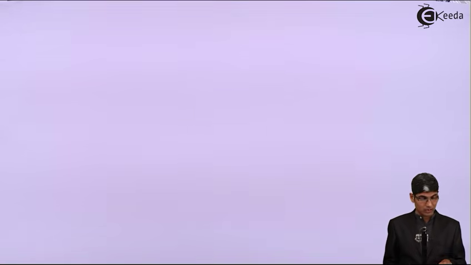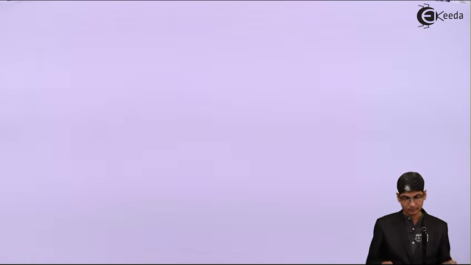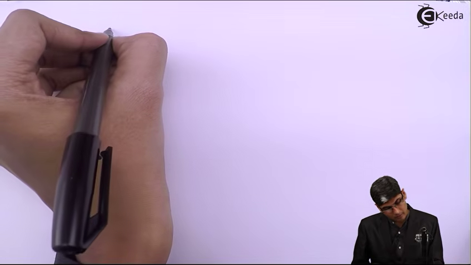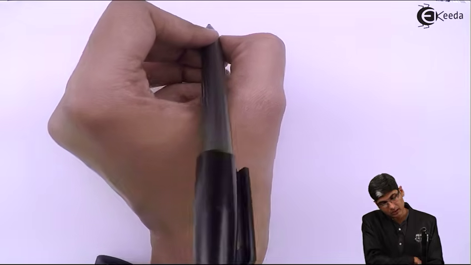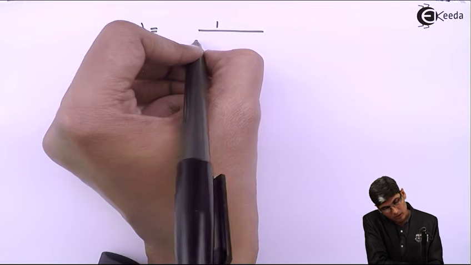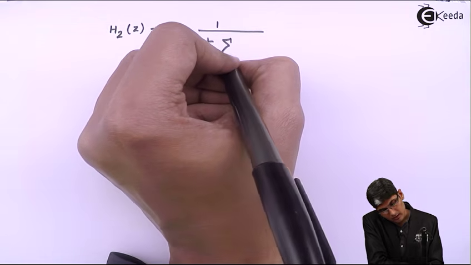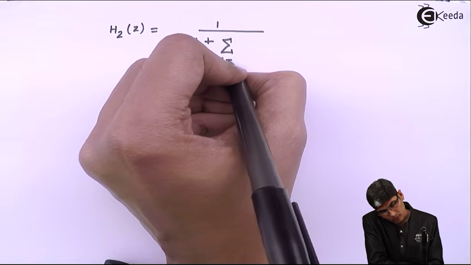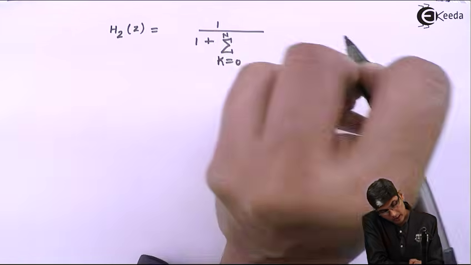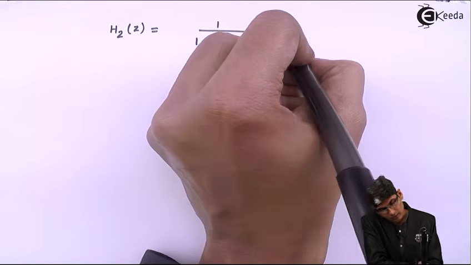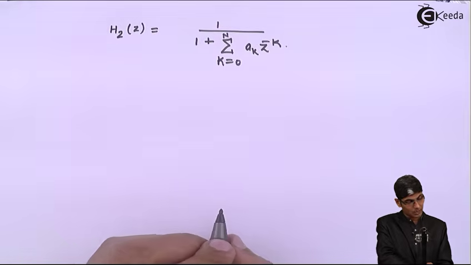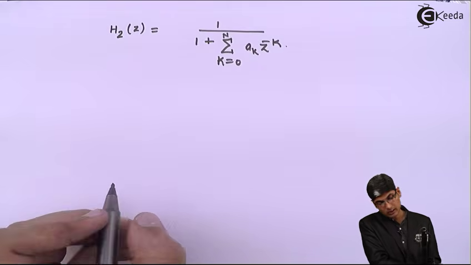Similarly, if you see h2 of z, then h2 of z will be equal to 1 upon 1 plus summation k goes from 0 to n, ak z raised to minus k. Okay, now again it will be output upon input.